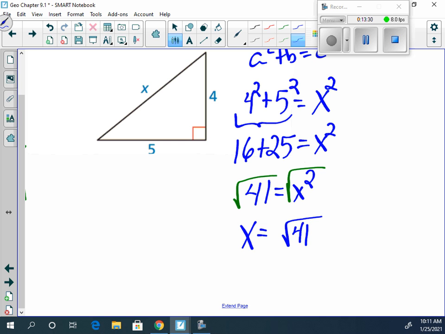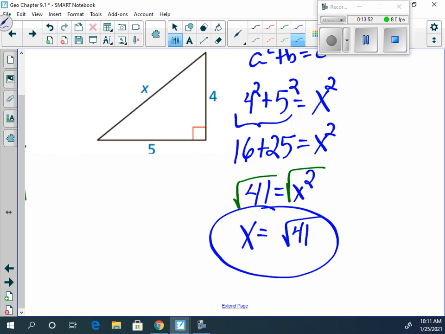There's not a number that times itself will go into 41. So 4 is not, because 4 is a perfect square, it doesn't go into 41. The next one after that would be 9, 16, 25. None of these are factors of 41. So that's as simplified as it gets without turning it into an irrational decimal.